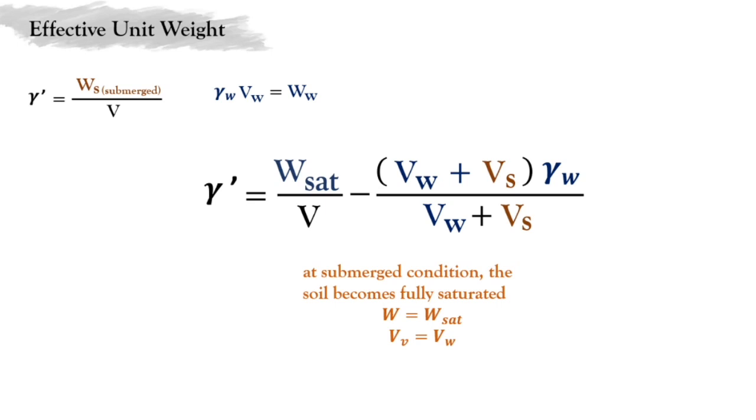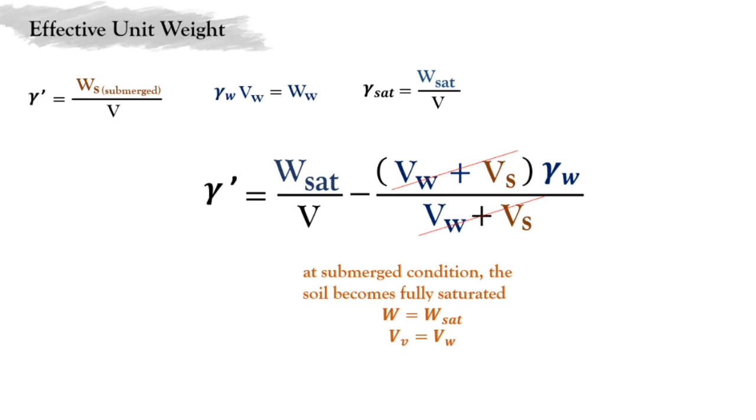Yung first term, this is actually the saturated unit weight. Tama ba? The saturated weight all over the total volume is the saturated unit weight. Tapos sa second term, pwede kong i-cancel out yung VW plus VS dahil both ay meron sa numerator and the denominator. So, maka-cancel out na yan.